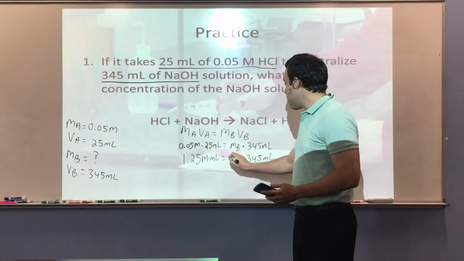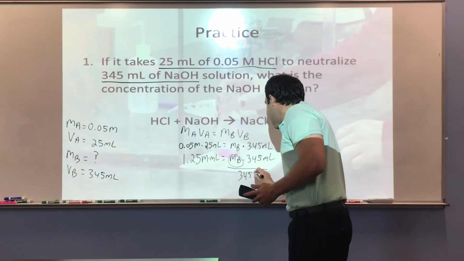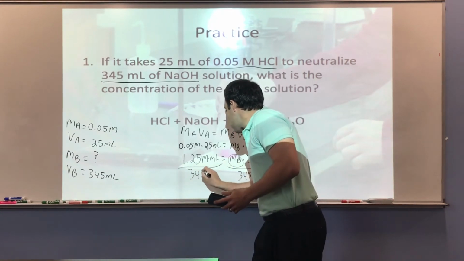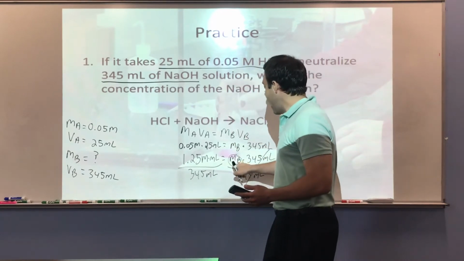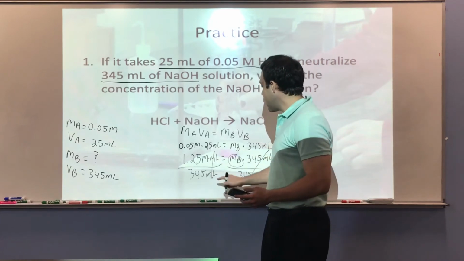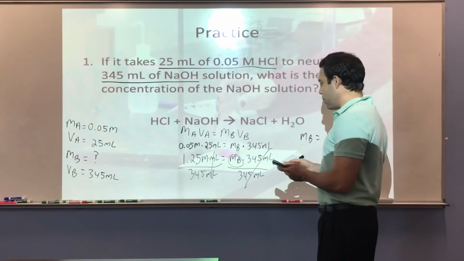We want to get Mb by itself, so we divide both sides by 345 milliliters. This cancels out, so we're left with Mb equals, and then the milliliters cancel out, so we're left with the unit of molar.